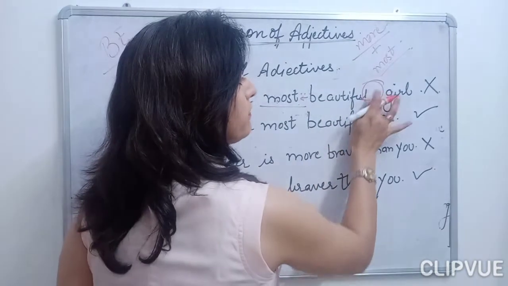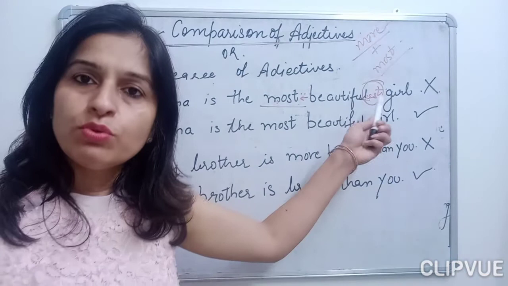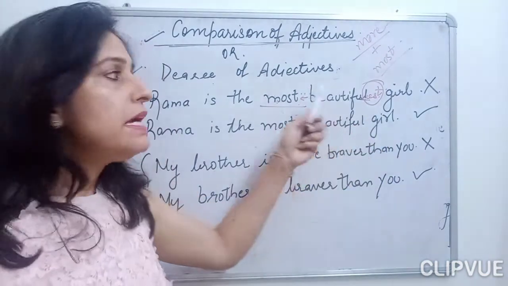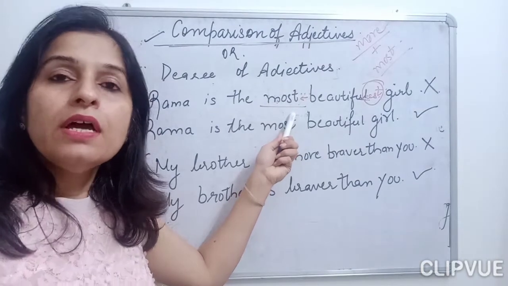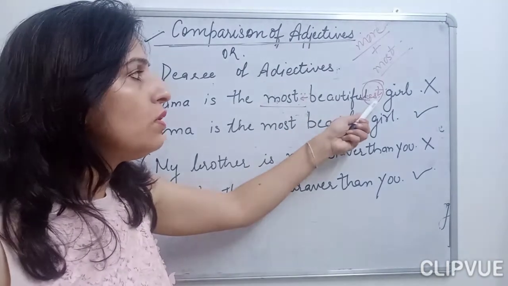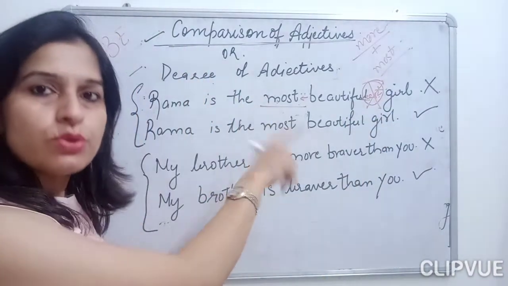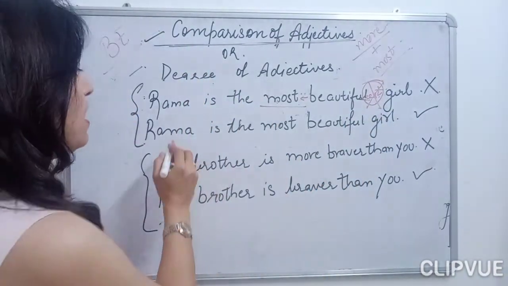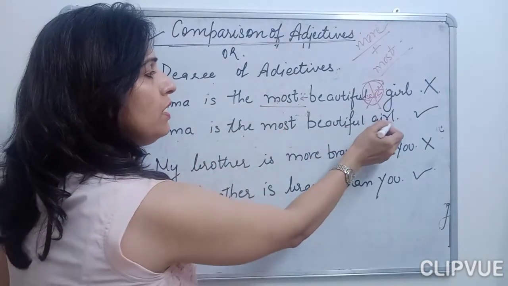Or beautifulest. First of all, there is no such word as beautifulest. Secondly, when we have added most here to make it the superlative degree, we will not add est here. The sentence is wrong. The correct sentence is Rama is the most beautiful girl.